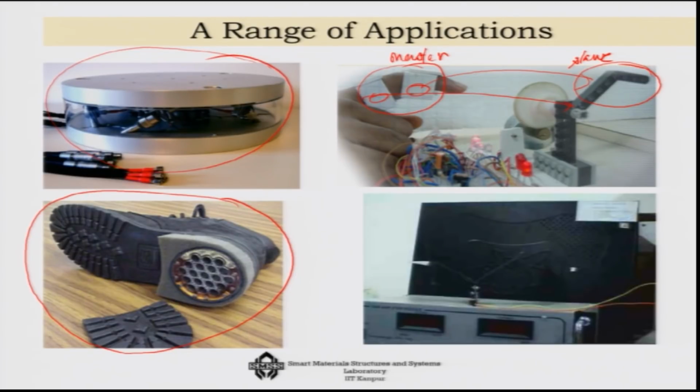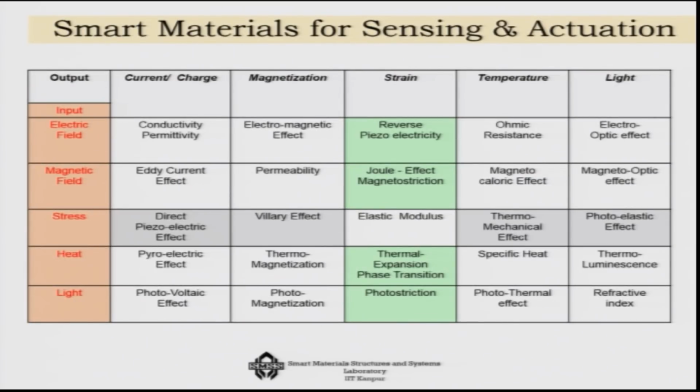Then you may be able to follow that there is a wing here. This wing, which is like a butterfly wing, can actually flap if I apply an electric field. So, you can develop an insect which can flap, and then you can use it for various surveillance activities, etc. There are a range of such applications possible.